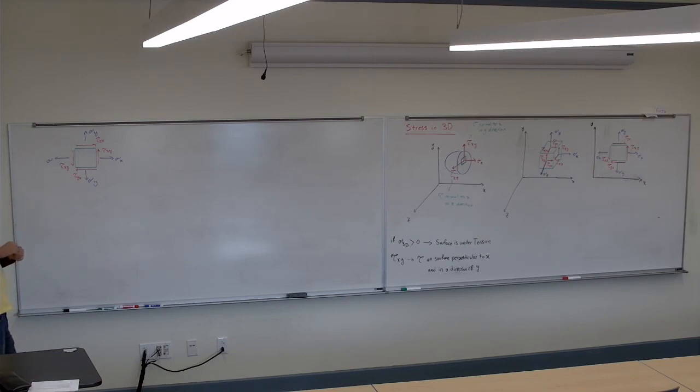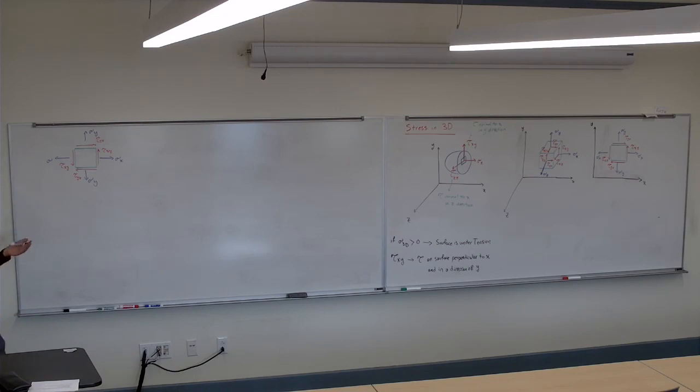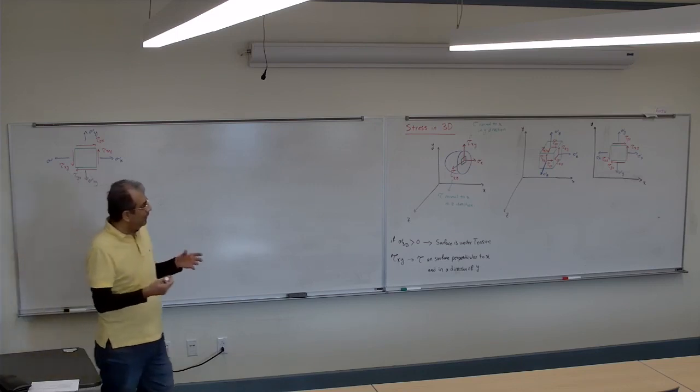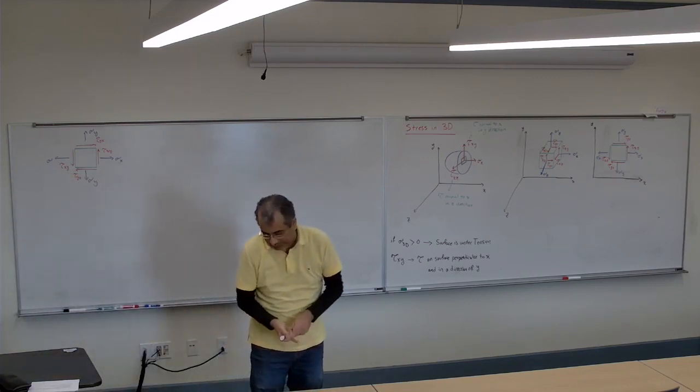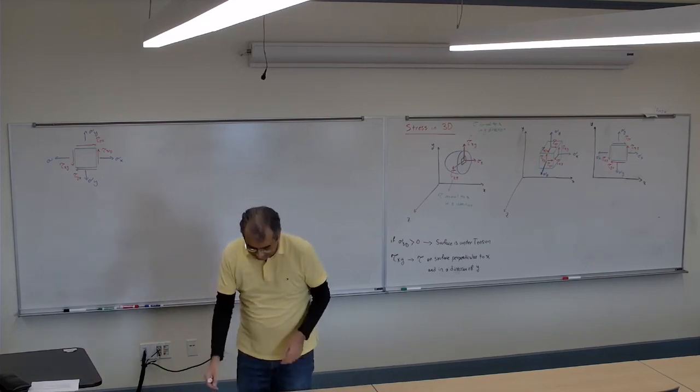So how does it not rotate? You can't spin this, I don't think. The only way that it does not rotate is that these two are equal. Under any other circumstances, it will rotate. So the only way it does not spin in 2D is the same as in 3D, so we can extend it to 3D.